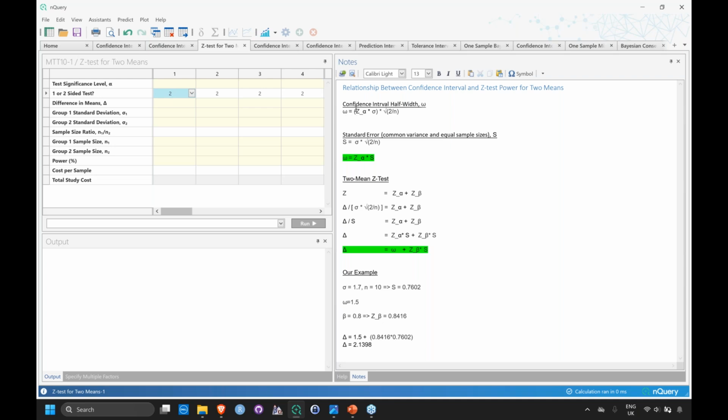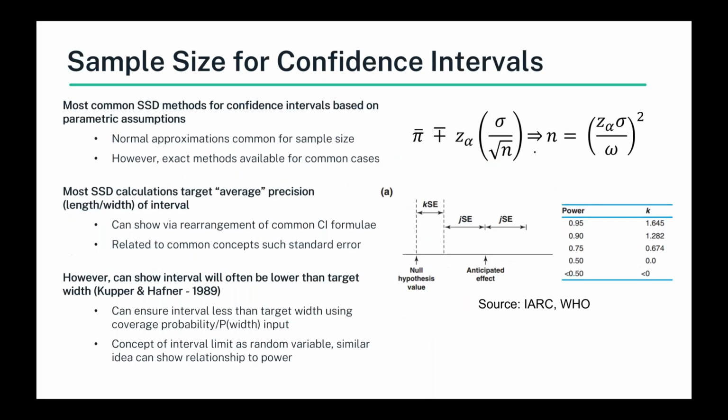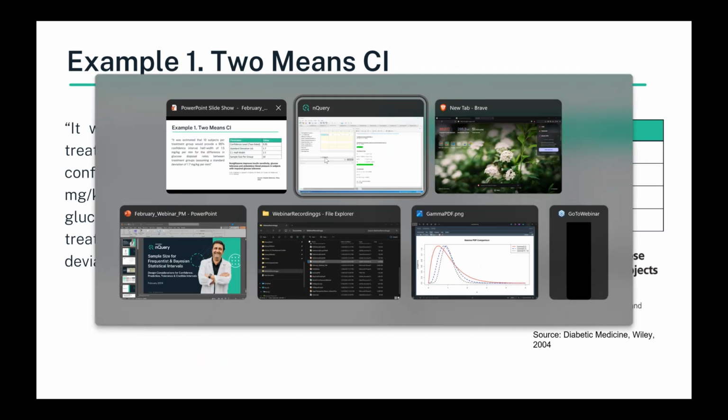So just note, if you're comparing this to the formula I had in the slides, this n here is the total sample size, as opposed to sample size per group, which nQuery uses. So for the demonstration, I've divided that by 2, just if there's any confusion. So back to nQuery.